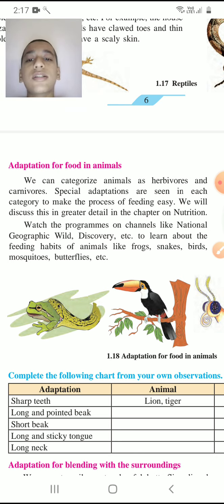We will discuss this in greater detail in the chapter on nutrition. Watch programs on TV like National Geographic, Wild Discovery, etc. to learn about the feeding habits of animals like frogs, snakes, birds, mosquitoes, butterflies, etc.